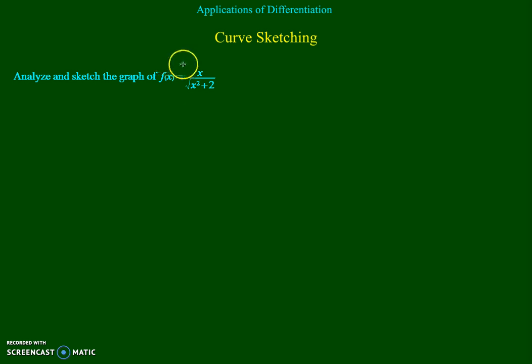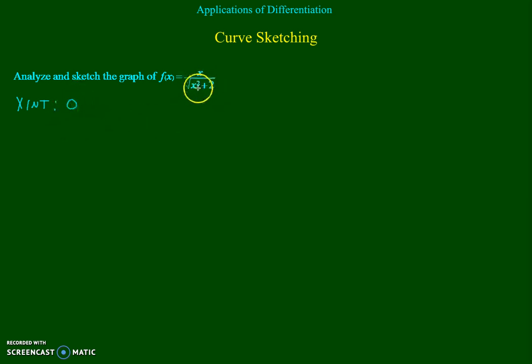So our x-intercepts, we can see that the numerator is going to be 0 at x equals 0. So we don't really have to do a lot of work there. Our x-intercept is going to be 0. Okay.